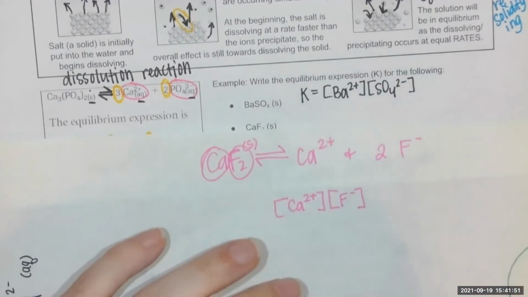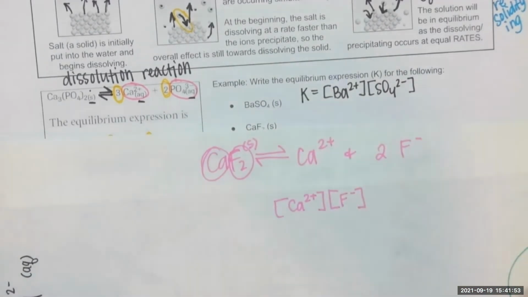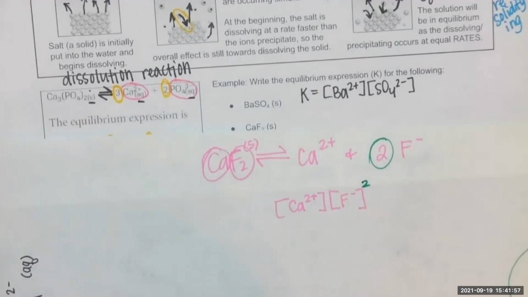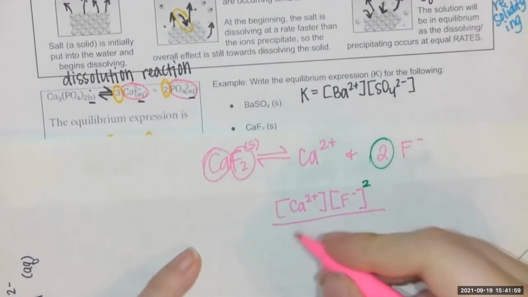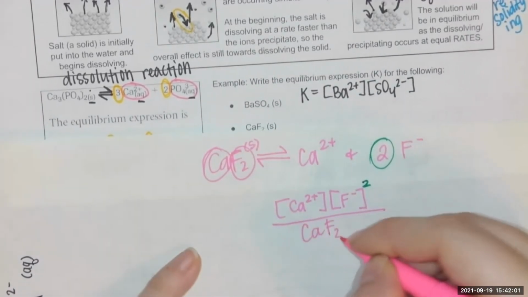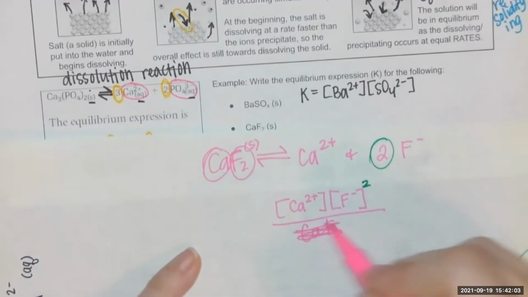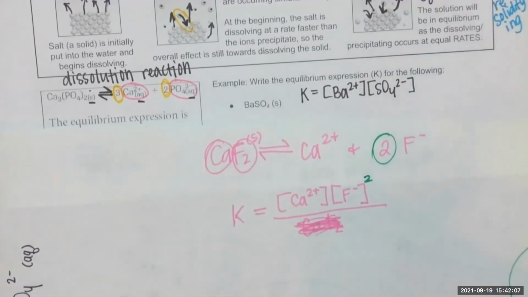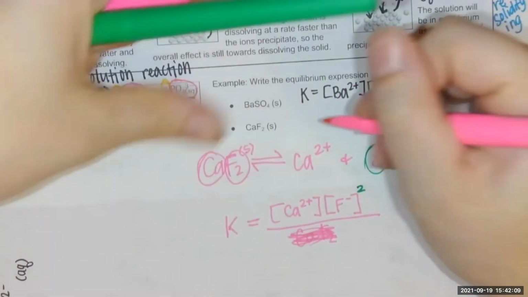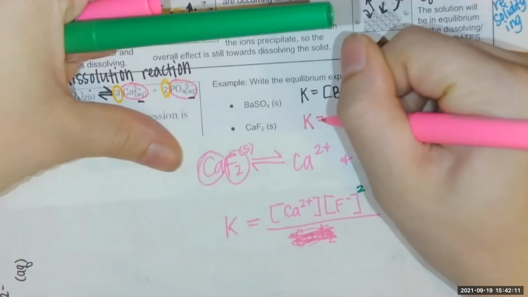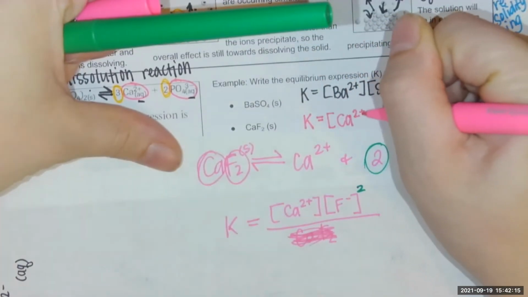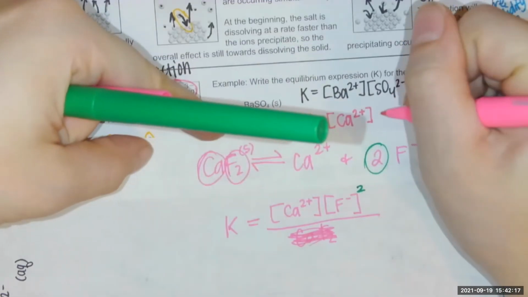And that 2 in the front makes that squared. Products over reactants, but that's a solid, so I didn't need to write it. That's what K equals. This is the expression that we will use when determining the equilibrium of this reaction.